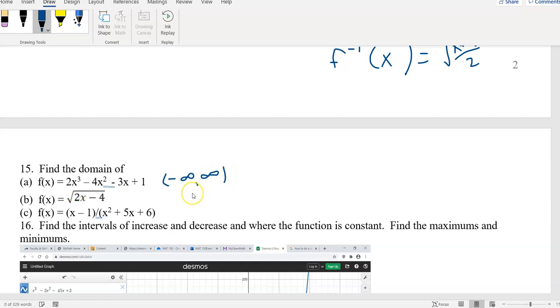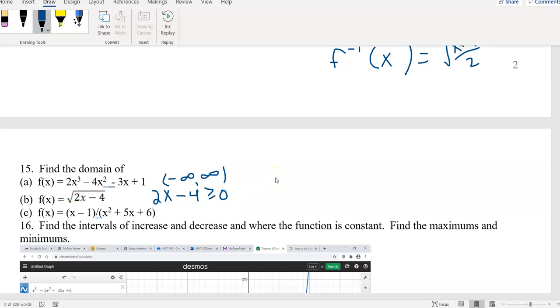Any polynomial has domain, all real numbers. For a square root, we can't have a negative underneath the radical. So we want to make sure that what's underneath that square root is either positive or 0. So we solve the inequality.